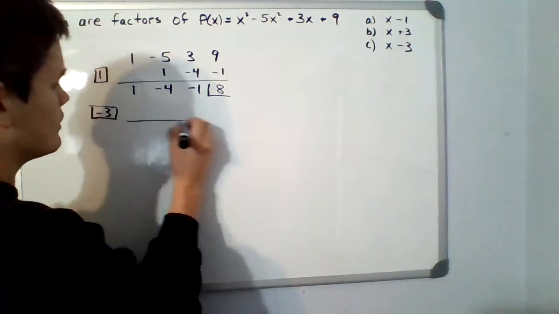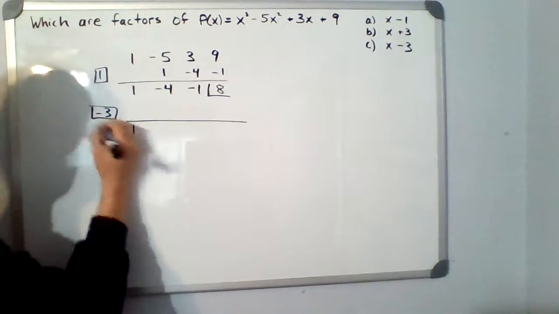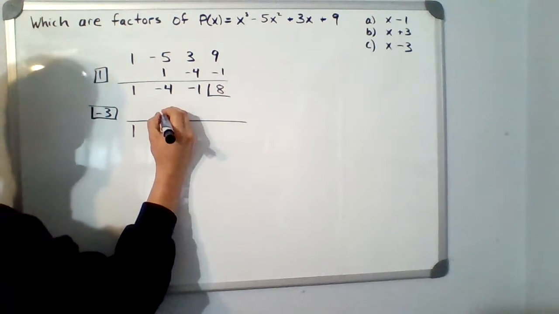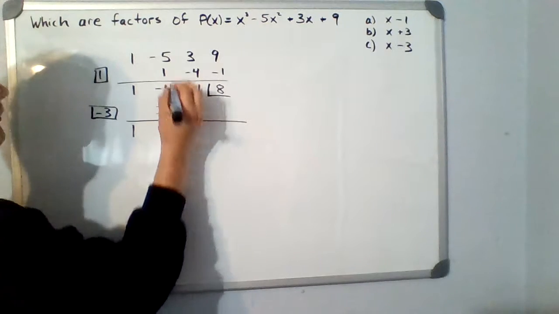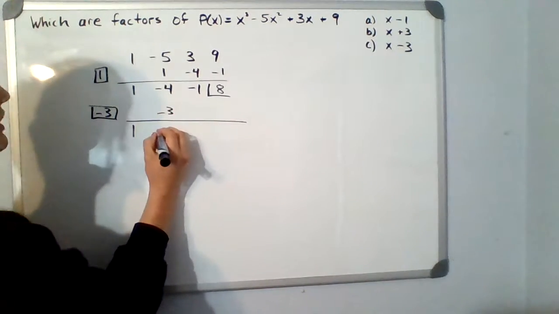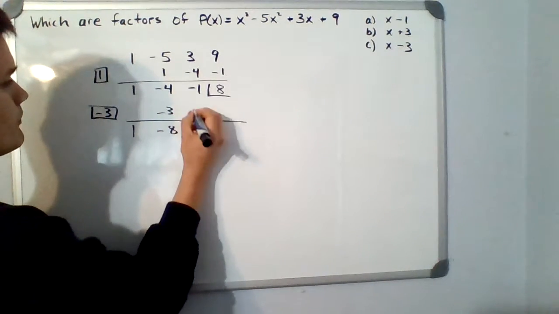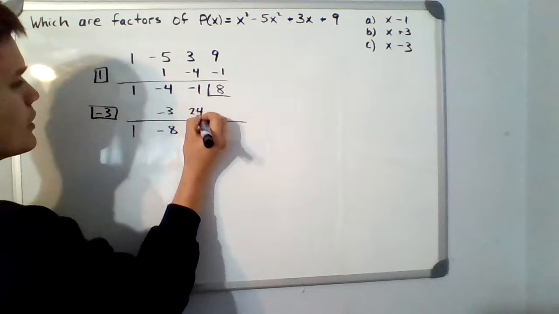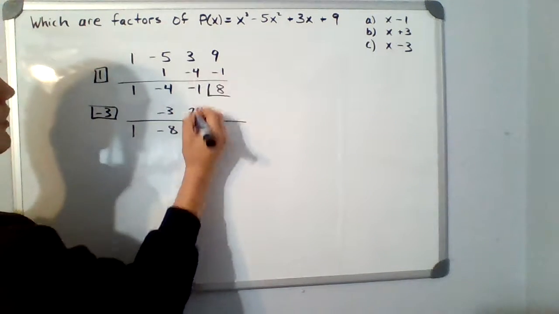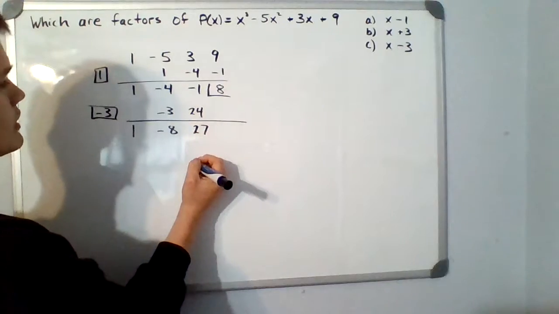Right there. Okay, drop the 1, multiply by -3. And then I want to take the sum of -5 and -3, and I have -8. And then it's going to be 24. And then the sum is 27.